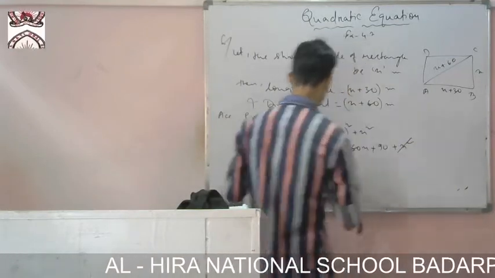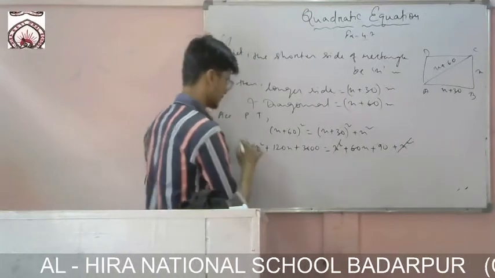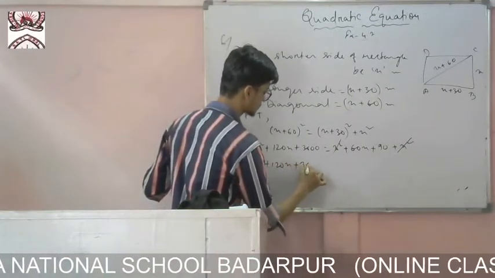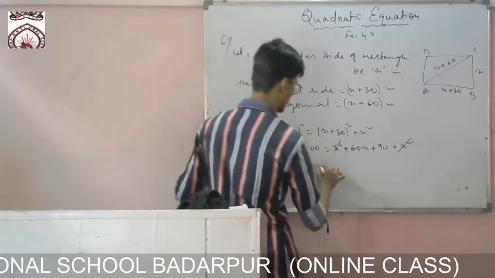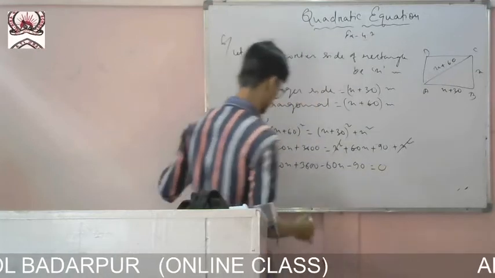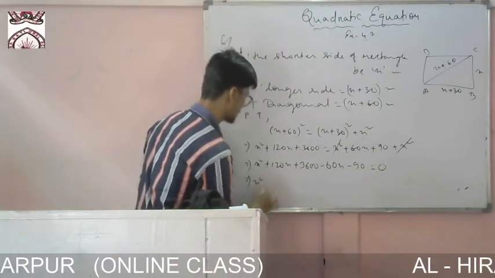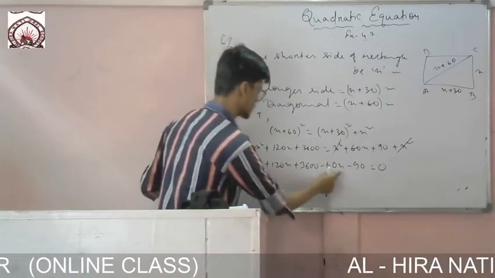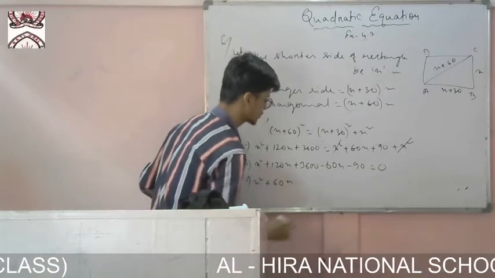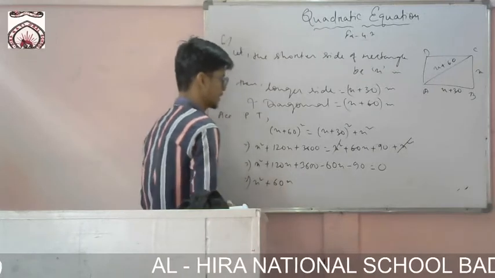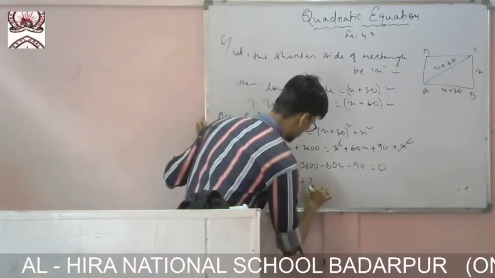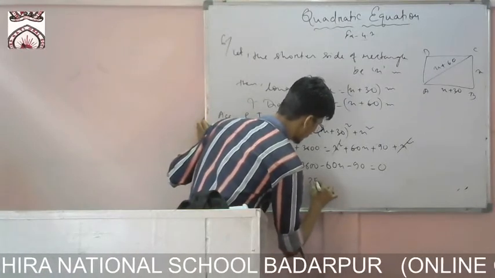So x squared cancels. There is left x squared plus 120x plus 3600 minus 60x minus 90 equals to 0. So x squared, 120 minus 60 is 60x, and 3600 minus 90 it is 3510.